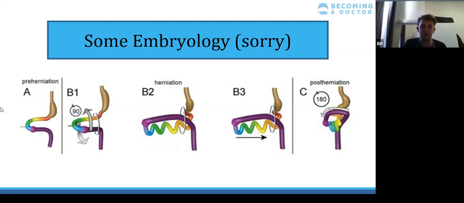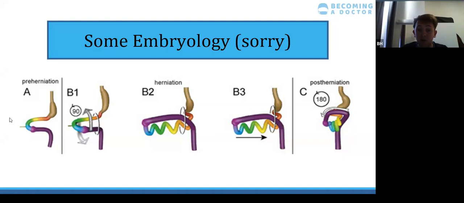So that's our first rotation. And then we have another rotation in which the cecum rotates 180 degrees to get it from up here in the right upper quadrant down into the right iliac fossa where it should be. So straight tube, it's bent, and we get one rotation to get the colon on top, and then another rotation to get the cecum in the right iliac fossa.